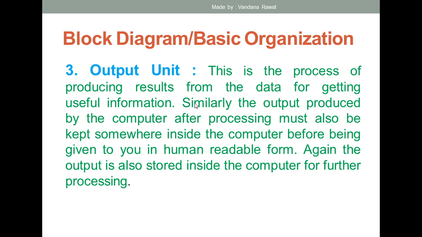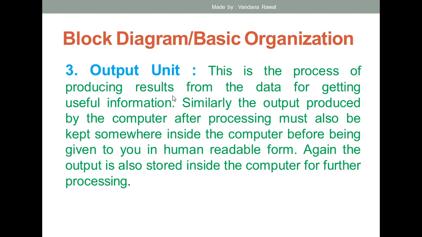Then for generating the processed data, for displaying the results, for displaying the information, we generally use output devices, just like the monitor, printer. We can use a speaker. So these all are the output devices, and these are used to display the results or the output.